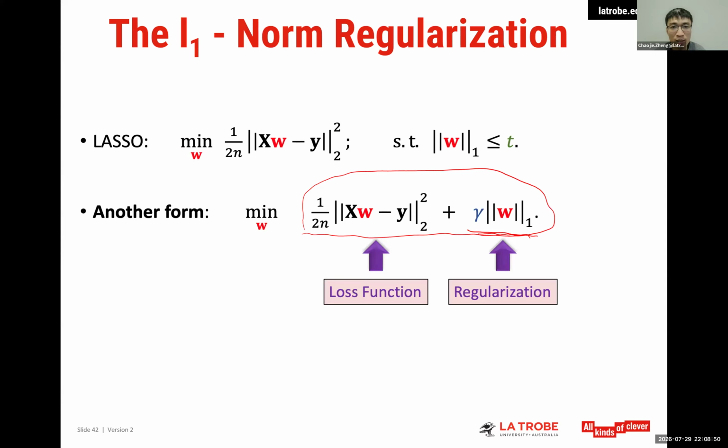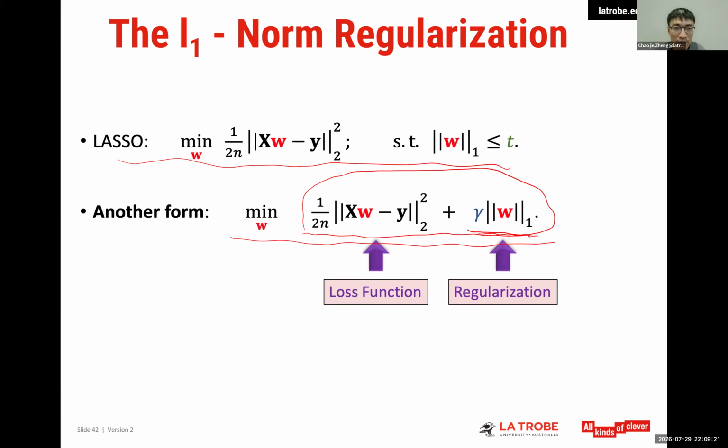Okay, and we can see that it is sharing a similar structure as the ridge regression. So these two forms are equivalent. If you know optimization, the first line is the dual version of the second equation, so they are equivalent tasks.